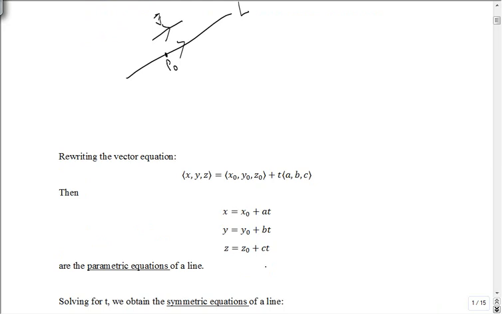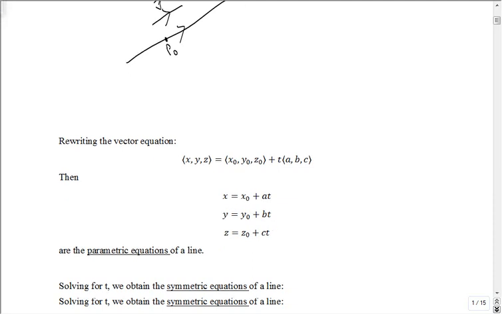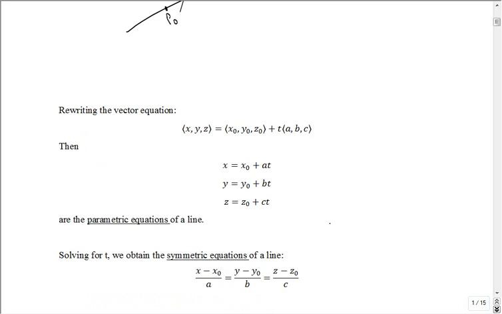What about the symmetric equations of the line? You take the parametric equations and solve each of them for t. t would be the same for each equation. So when you solve the first equation, you get x minus x0 divided by a. The second equation, y minus y0 divided by b is t. The last equation, z minus z0 divided by c is t.